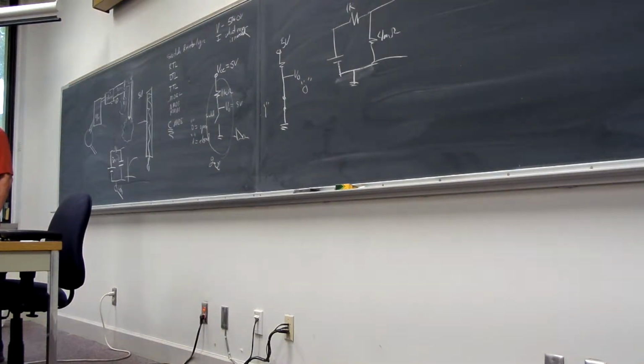Of course there's current flow. How much power is being supplied by the 5-volt source to the gate? How much current's flowing? 5 milliamps.